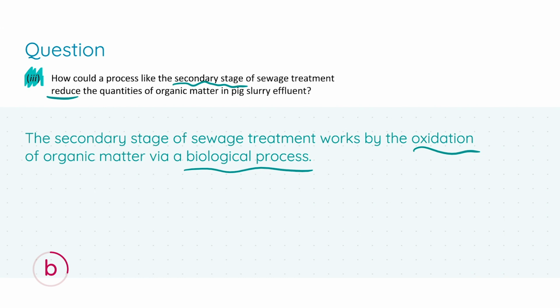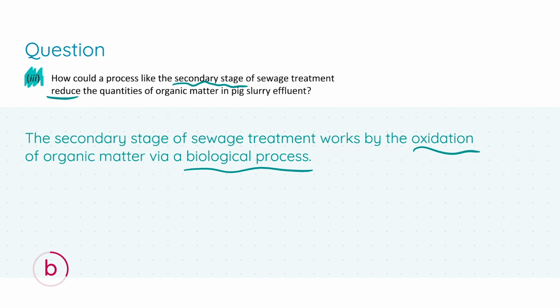By adding microorganisms or bacteria in general, which I'm lumping together in the term biological process, make sure that you include the fact that microorganisms or bacteria, you could say either of those, are also completely valid answers.